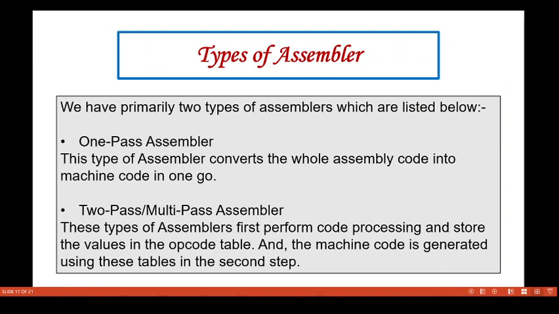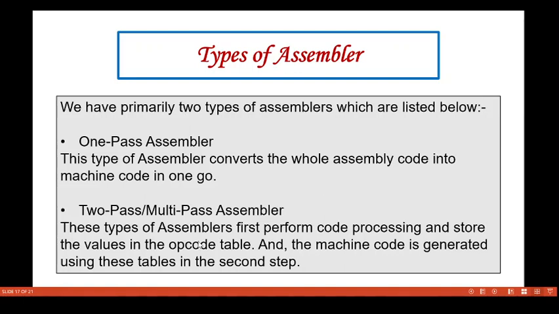What are the types of assemblers that we have? There are primarily two types of assemblers: one pass assembler and two pass or multipass assembler. These are the two main types of assemblers. The one pass type converts the whole assembly code into machine code in one go, just one go. But the two pass assemblers first perform code processing and store the values in the opcode table, and the machine code is generated using these tables in the second step.